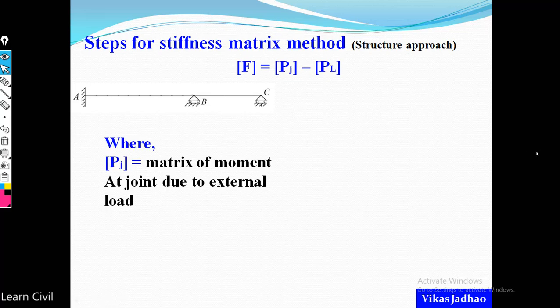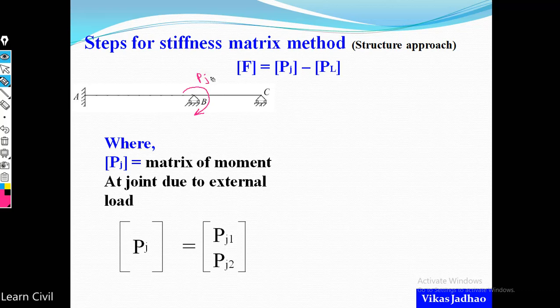So the PJ matrix is the matrix of moment at joint due to any external load. So if we have some external moment acting at joint B, then it will be considered as PJ1, because we have considered this coordinate number as 1. And if we have some external moment acting at joint C, this will be considered as PJ2, because we are considering joint C as coordinate number 2.